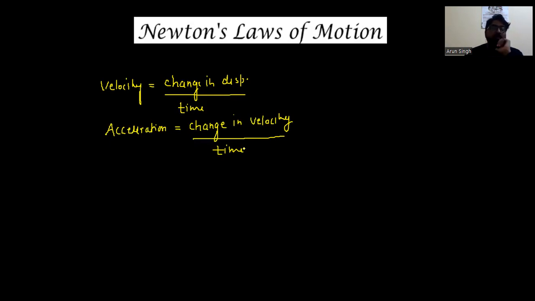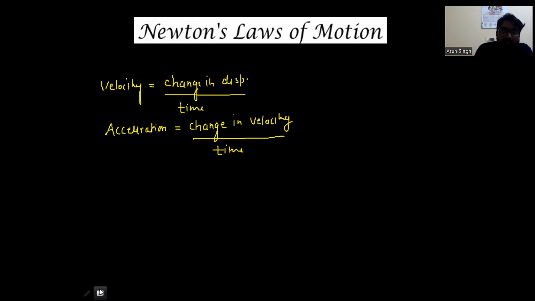The answer is that velocity does not depend on displacement. You are listening to this and wondering, how is it possible, sir? So I'm telling you, the quantity is force. If force is applied on the body, then velocity will change.